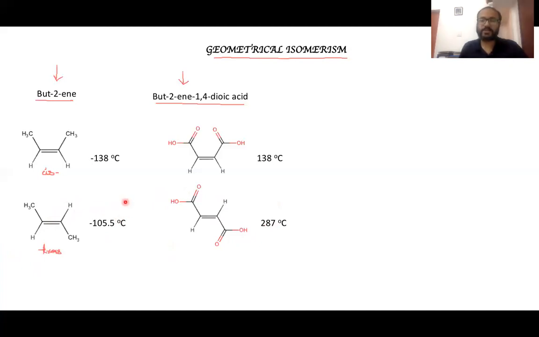melting point is because of the packing in the solid state. So in the solid state, when the isomer is in a trans form, they pack well. Usually, if you see a trans isomer, it is kind of zigzag. If you look at this molecule, the trans isomer can be drawn in a zigzag fashion.